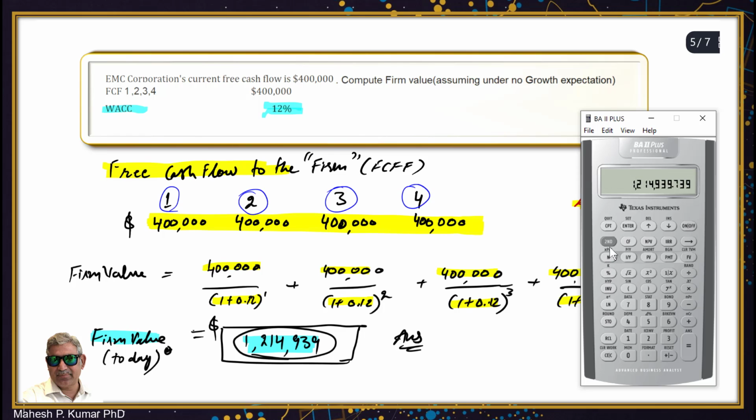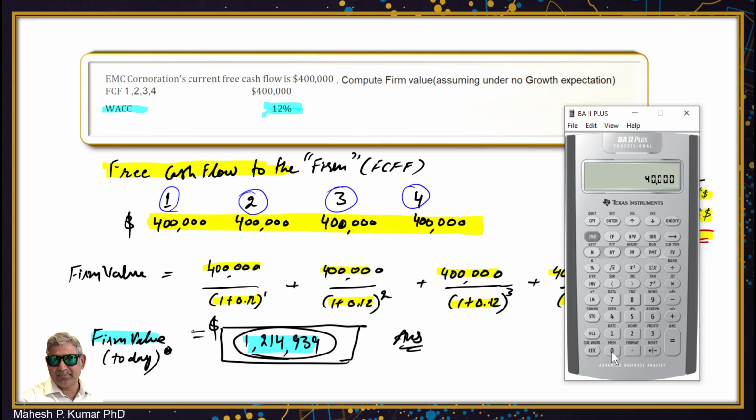Clear screen, second clear TVM, 400,000 is payment, 4 is N, 12 is I/Y, compute present value. This number is also 1,214,939. So we get this value of the firm today either using the cash flow function or using the TVM row.